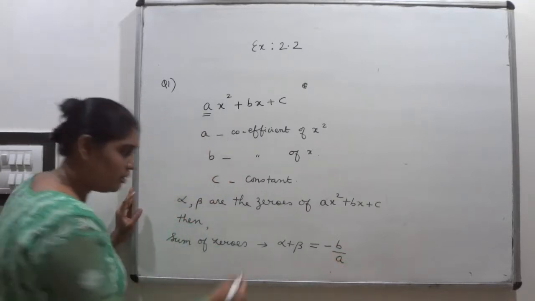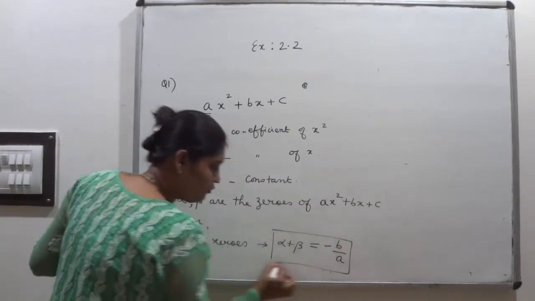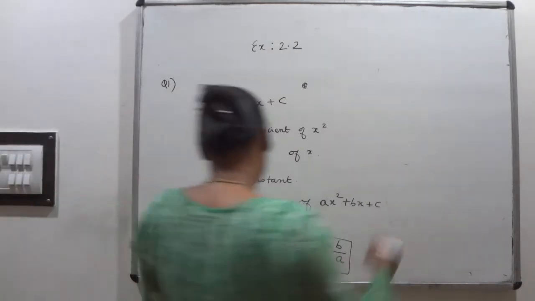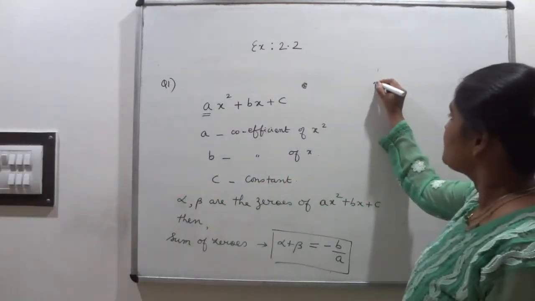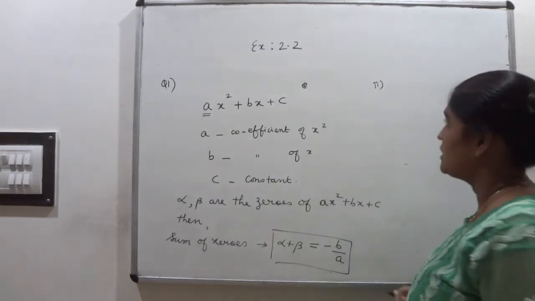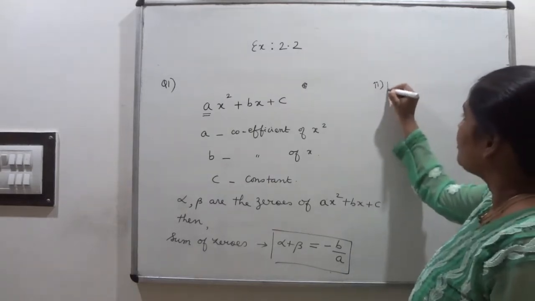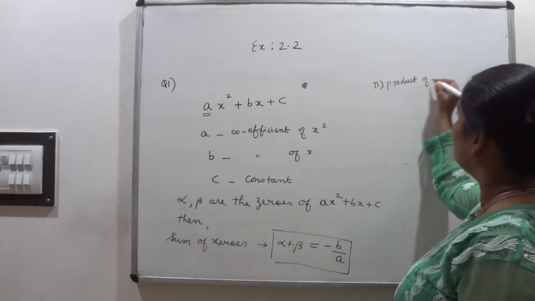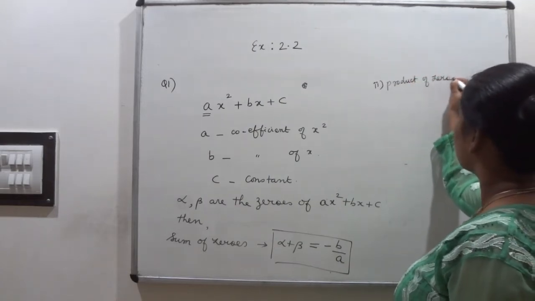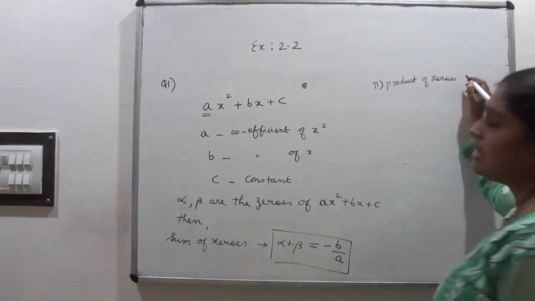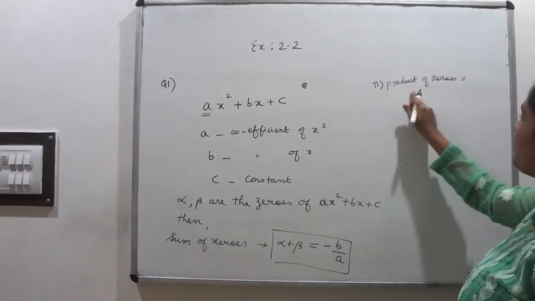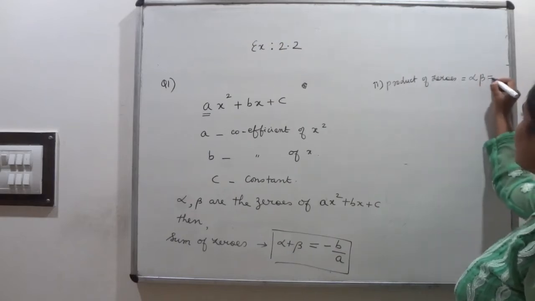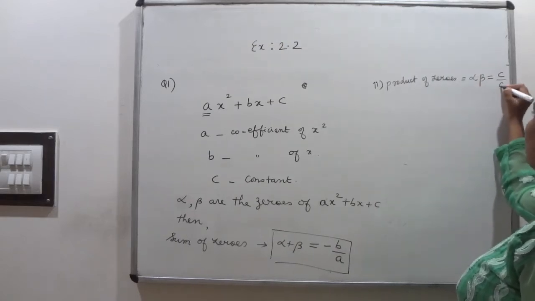You have to learn this formula by heart. Alpha plus beta is equal to minus b by a. These conditions we are going to use in exercise 2.2. Then the product of zeros: the two zeros are alpha and beta, so alpha into beta is equal to c upon a.